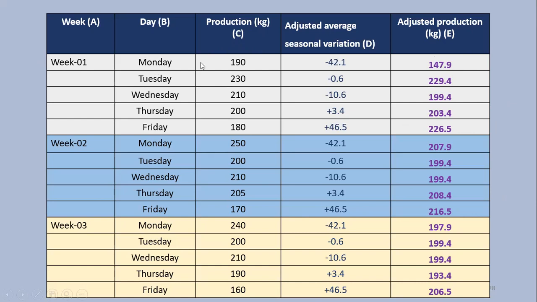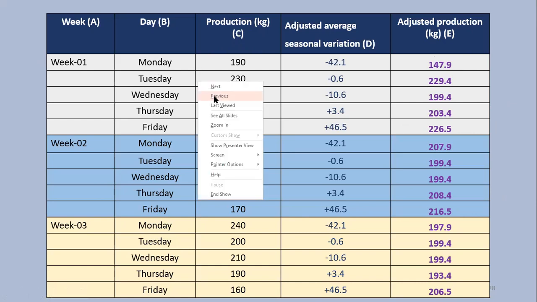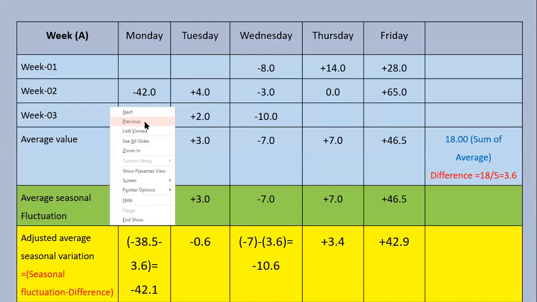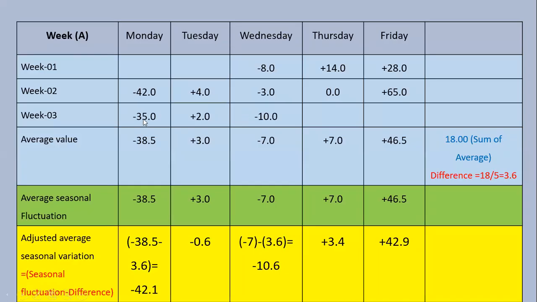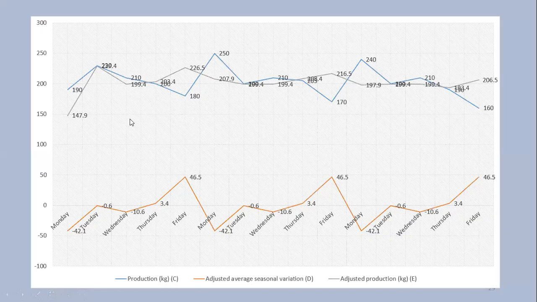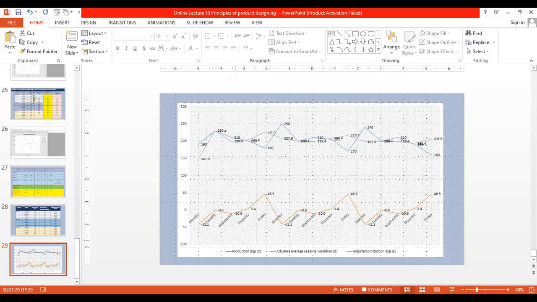This is one example. You can analyze these values and use these calculations in different applications, but here I just wanted to explain how we are going to calculate these things. Okay, so it's over.